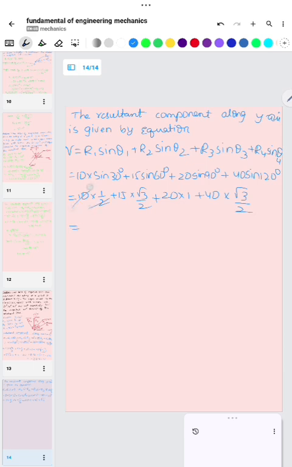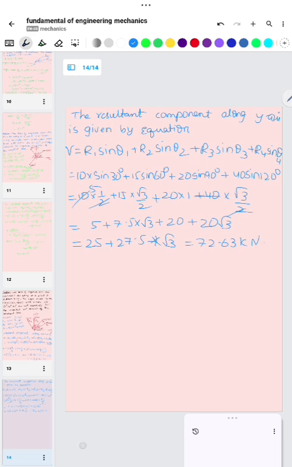So 5 plus 7.5 root 3 plus 20 plus 20 root 3. So 25 plus 27.5 into root 3, 72.63 kN. So this is the resultant component for vertical axis, that means y-axis.